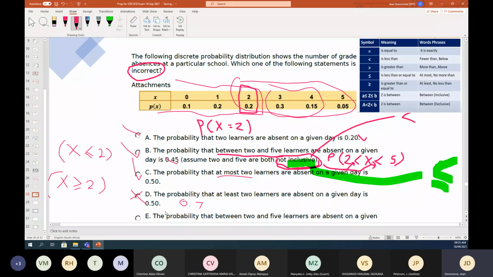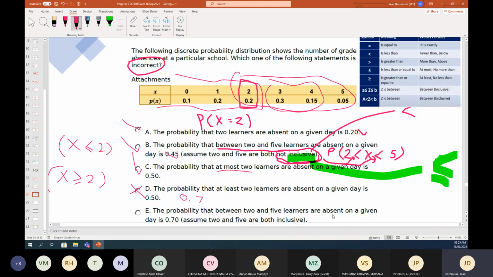The probability that between 2 and 5 learners are absent on a given day. So now we assume that it is inclusive. So now we have that one.